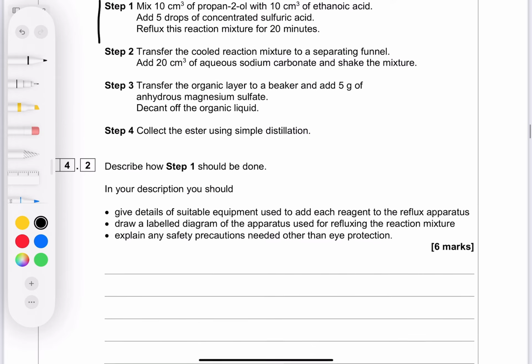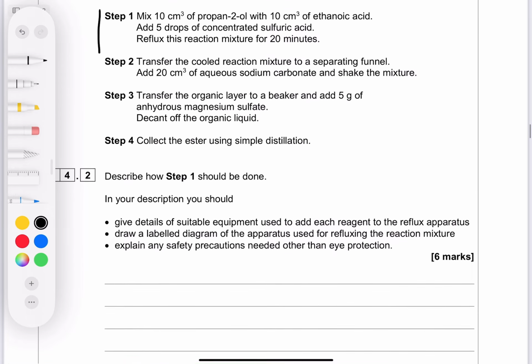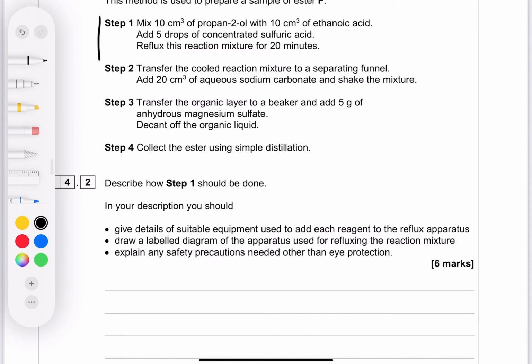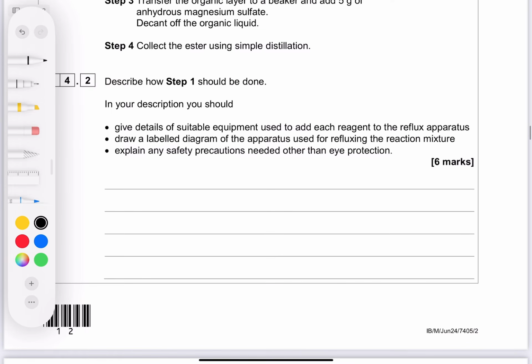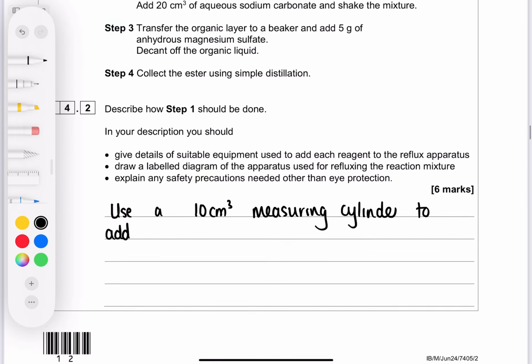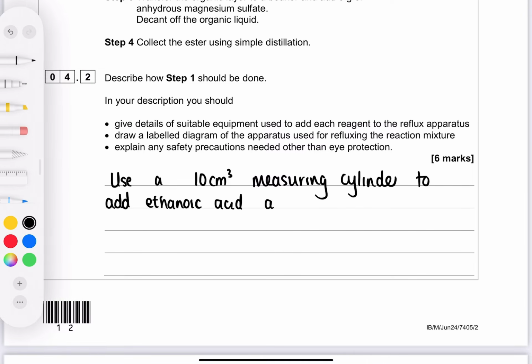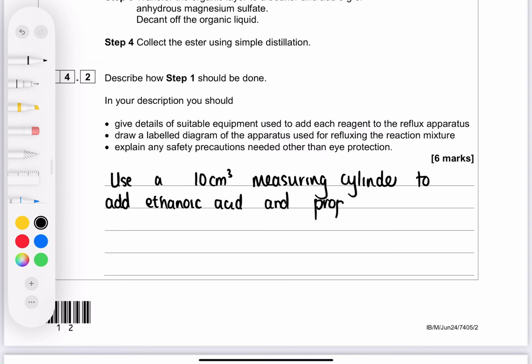So we've got 2 liquids that we're adding, and we're adding 10 centimetres cubed of each. This is not a quantitative test, so a measuring cylinder will be suitable for this. So I'm going to use a 10 centimetre cubed measuring cylinder to add ethanoic acid and propan-2-ol to the round bottom flask, or to the flask.